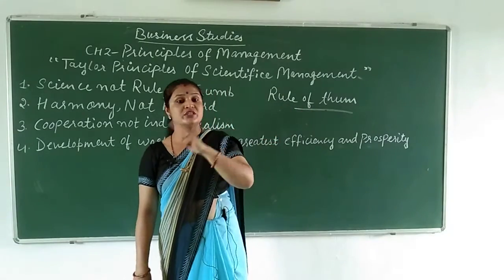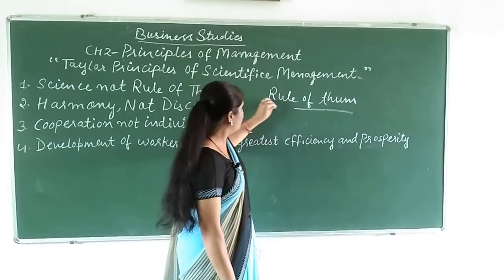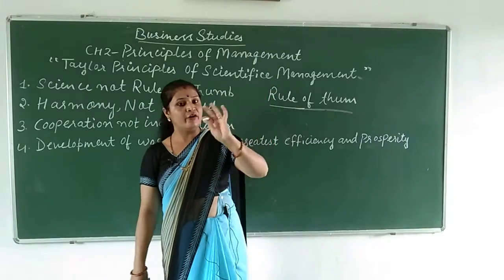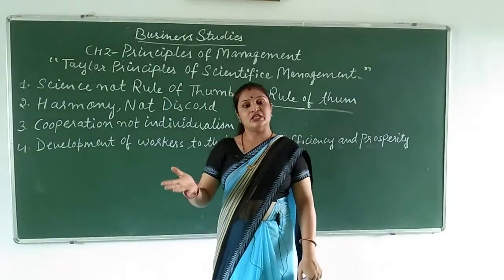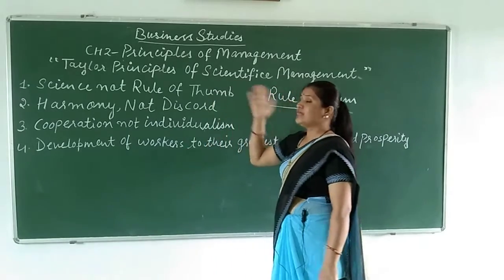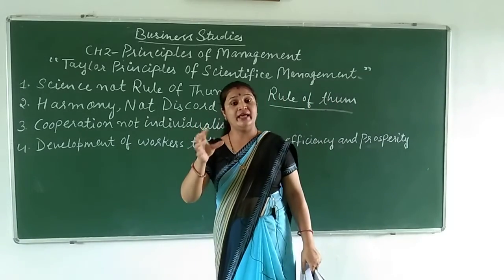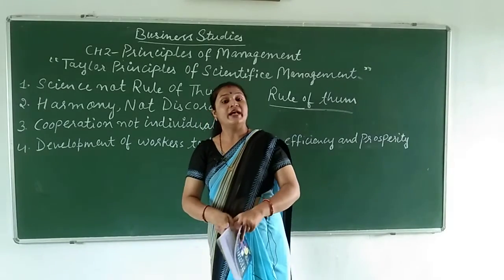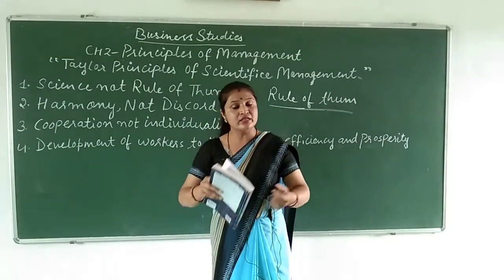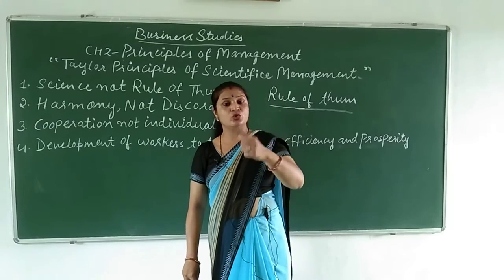So what Mr. Taylor said is that rule of thumb will not work. Every organization should follow some scientific principles. There should be scientific management. As I told you, he inserted science into management.